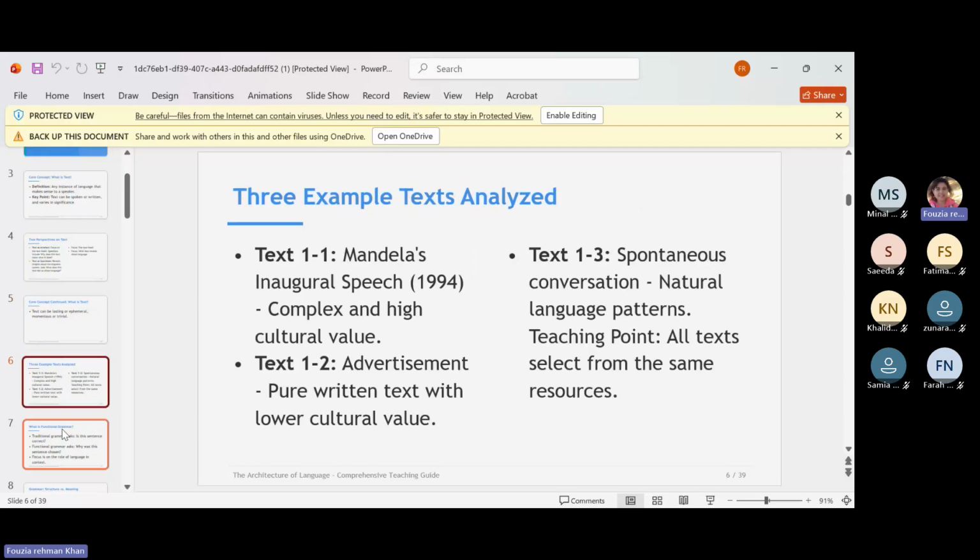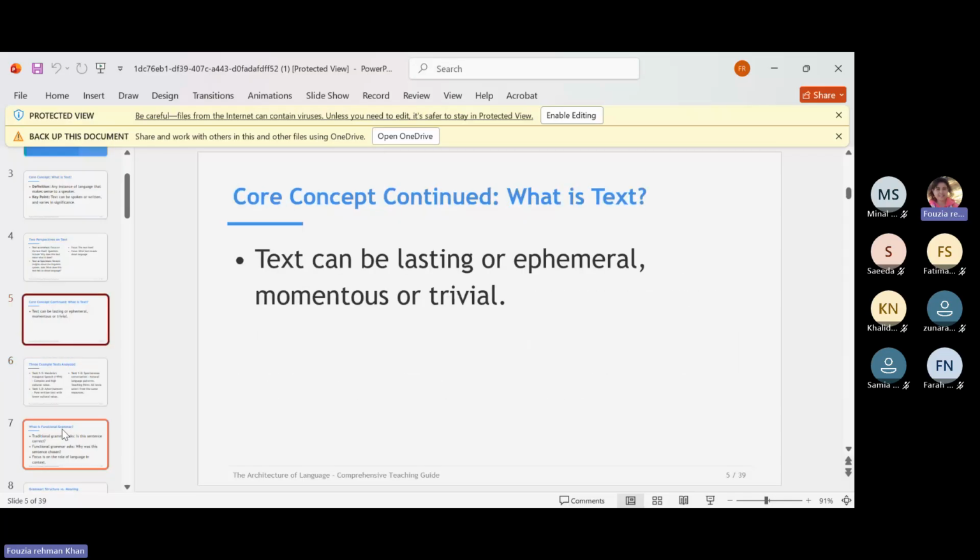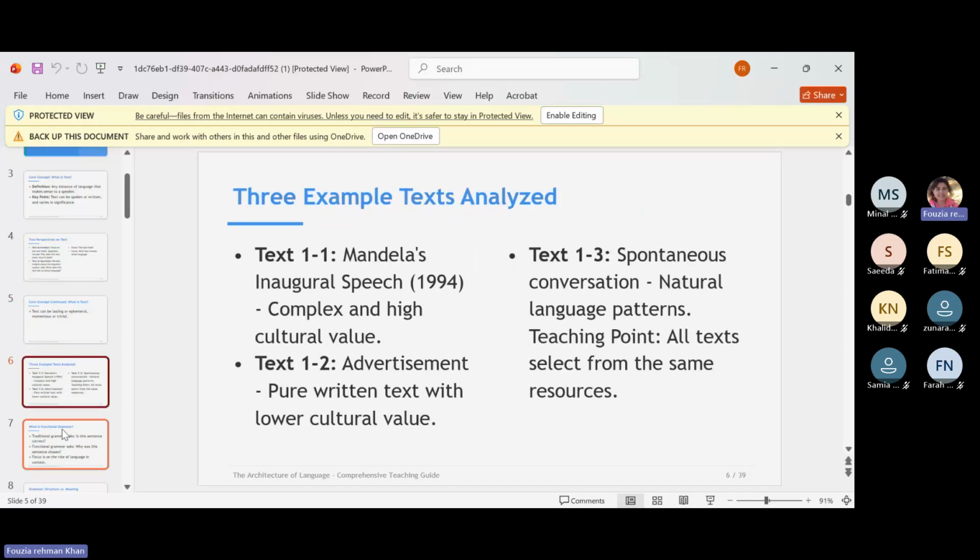Now, you have four texts. I think this is page number 14 of the PDF in your books. We will be analyzing it later on, but there are three texts given in Halliday's book on pages 14 and 15 of the PDF. We'll be doing it in a short while, when I'll give you time to analyze those.